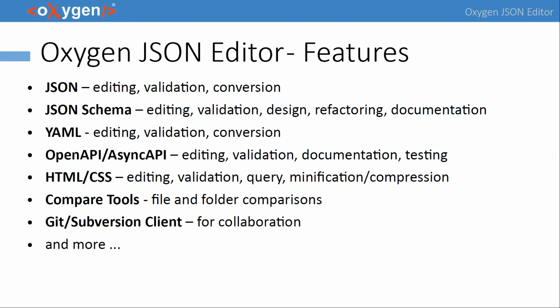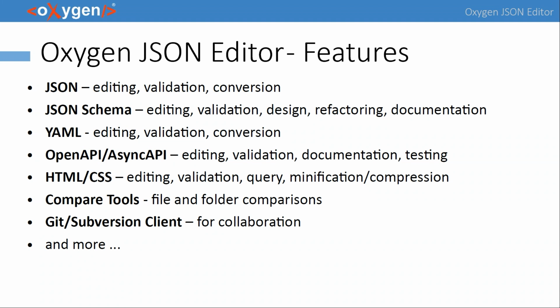We have support for editing, validation, and design for JSON schema. We also support YAML, which will be explained more in the next presentation. Also with editing and validation. We support OpenAPI and AsyncAPI in both variants, JSON and YAML.